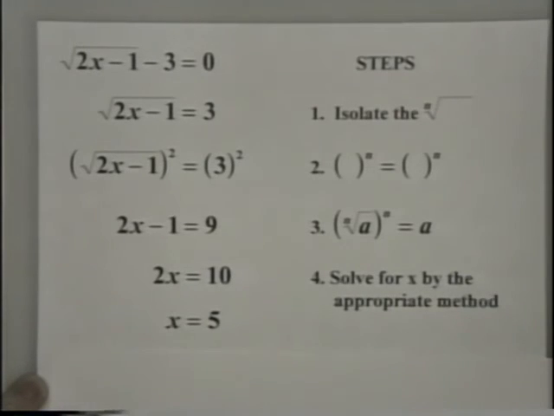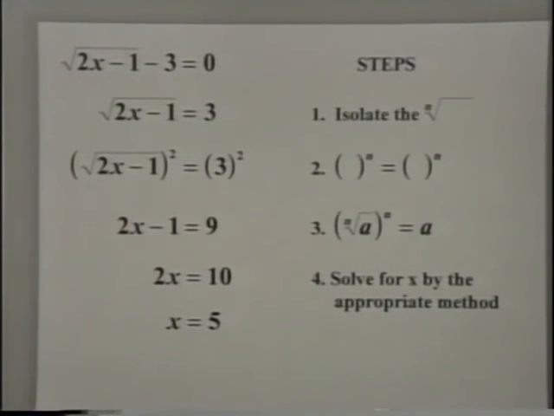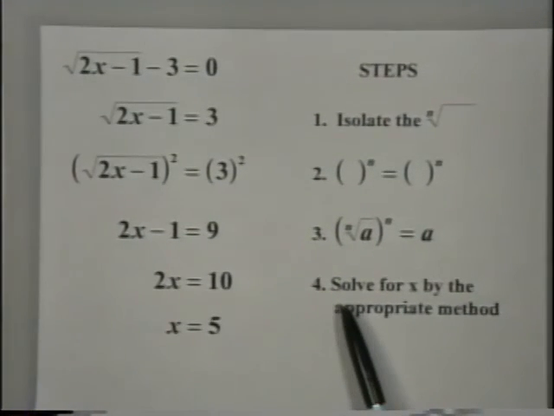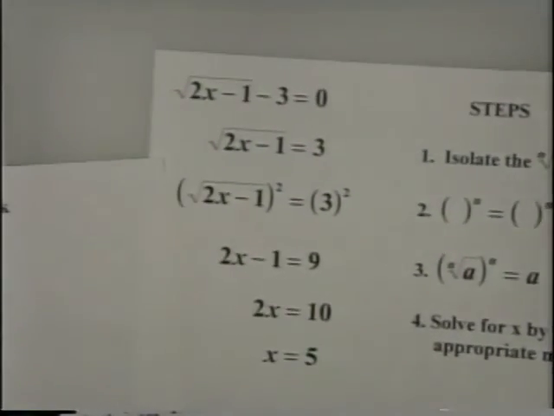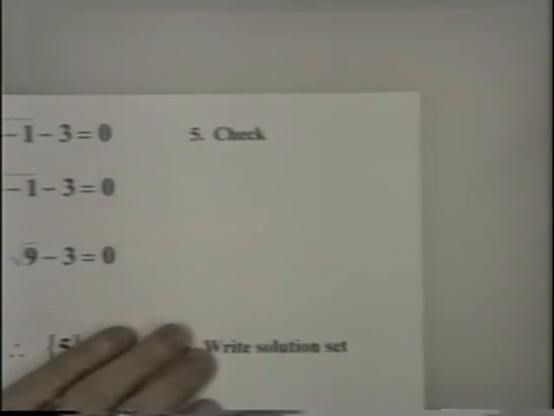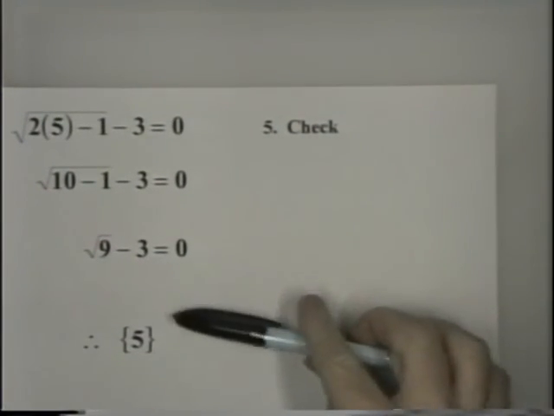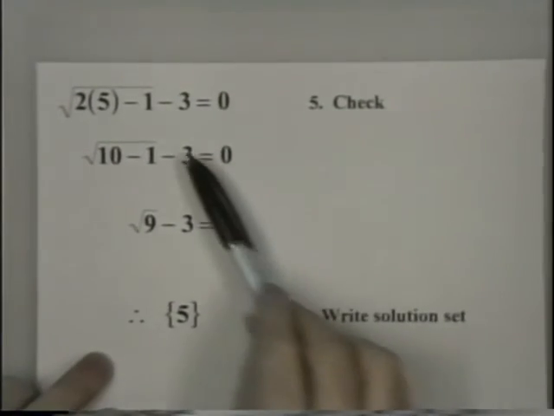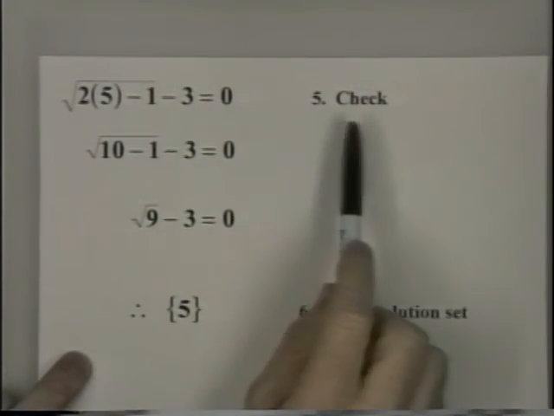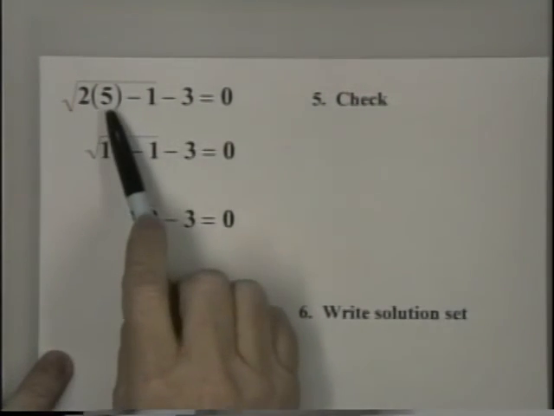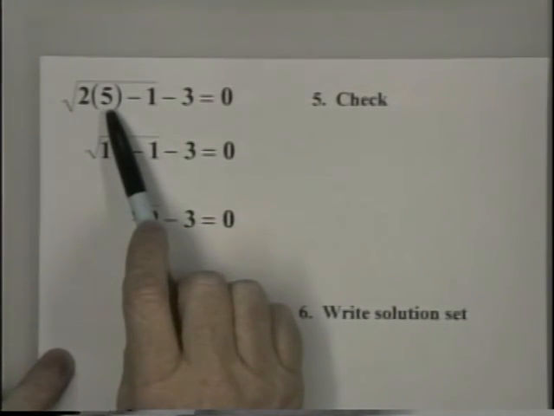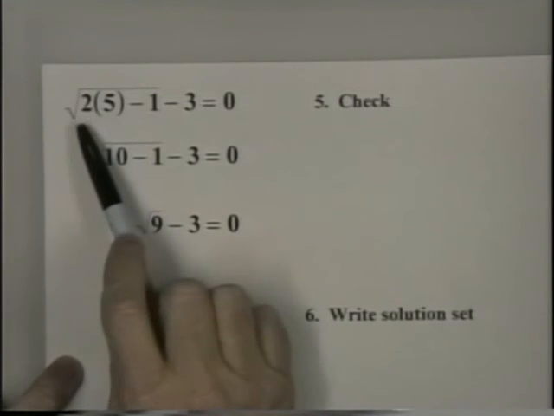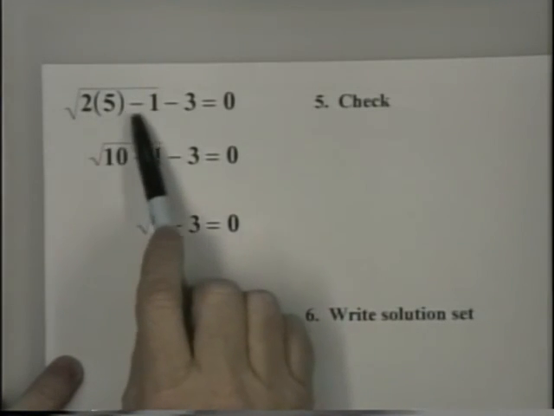Now, am I done? Well, in radical equations, we're not done. That is not the end of it. We must check radical equations. We must find out if we have a solution. And the only way you're going to find out that you haven't picked up an extraneous solution by the squaring of both sides is to substitute back into the original equation, which was the square root of 2x minus 1 minus 3.